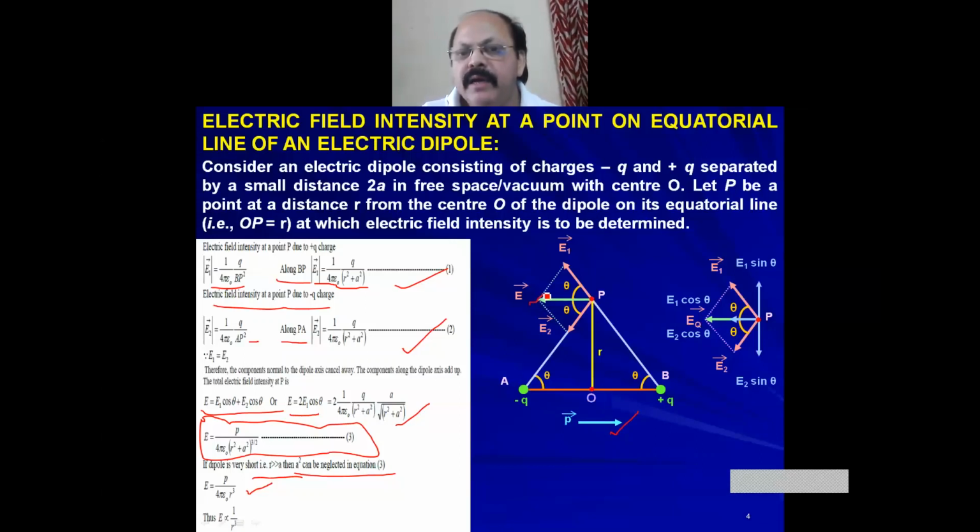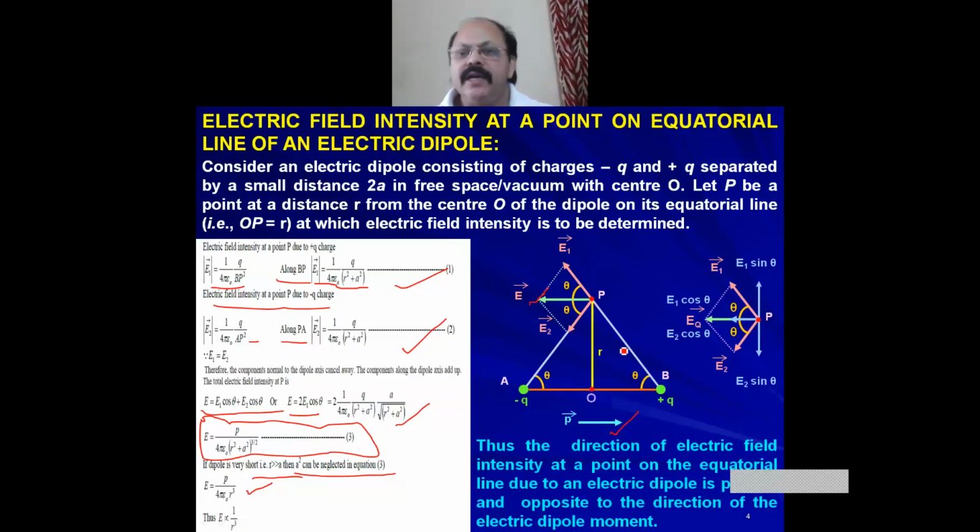So from here it is very clear that the direction of electric field intensity at a point on equatorial line due to an electric dipole is parallel and opposite to the direction of electric dipole moment. So this is about electric field intensity at a point on equatorial line.